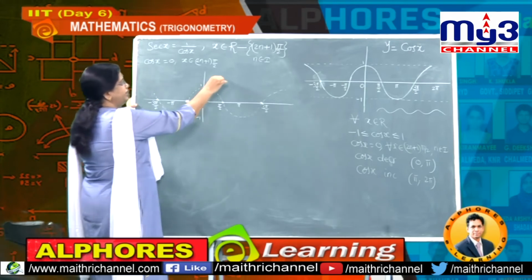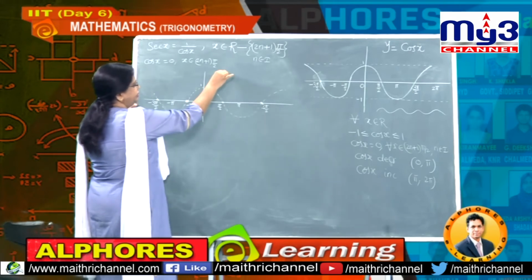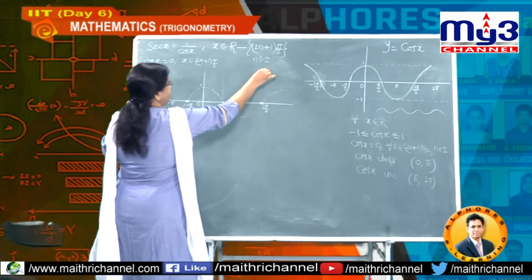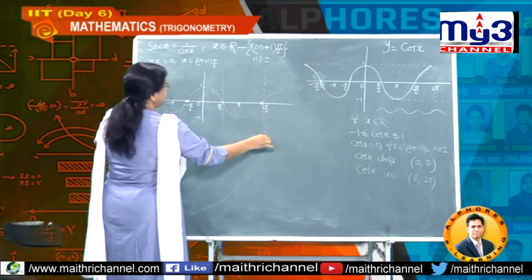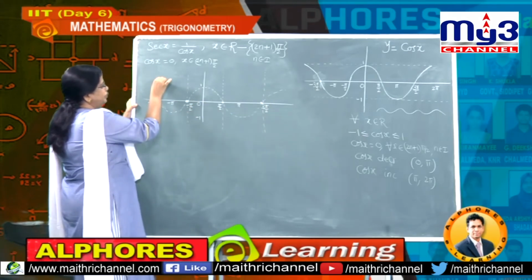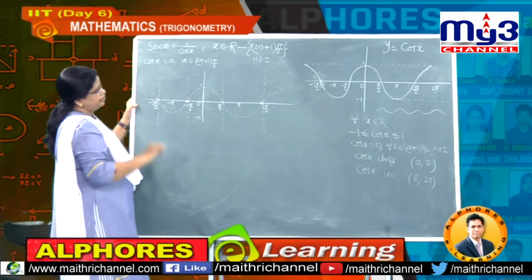Now wherever cos is 0, take vertical lines, that is, parallel to the y axis. In the previous graph also we have taken the same, but there those were at integral multiples of pi. Got this, students?